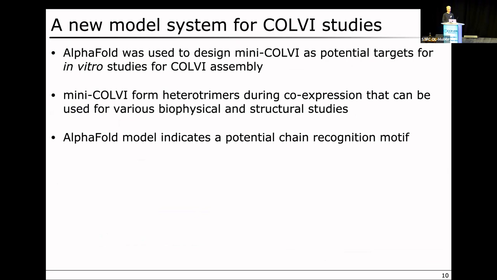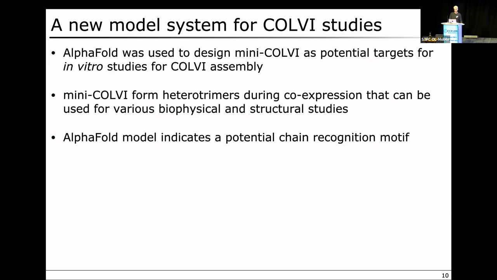So just as a quick summary and outlook, the takeaway message. We used AlphaFold in this to design constructs before then making them recombinantly, and it was a really helpful tool for us to understand how to set cutoffs and things like this. When we expressed them, with simple co-expression in the same cell culture, they did instantly form heterotrimers.